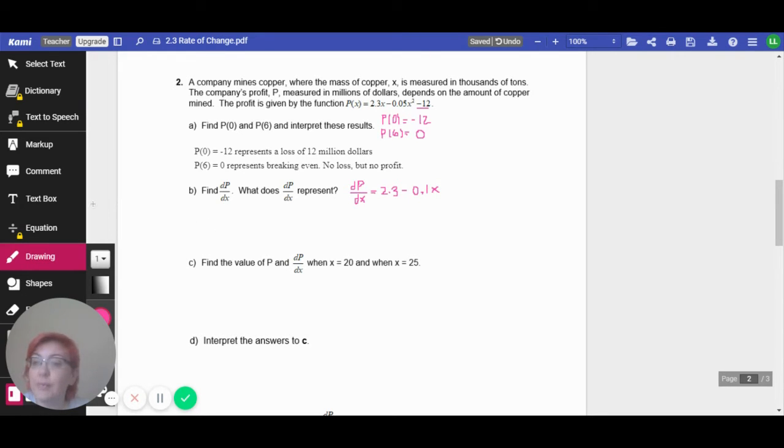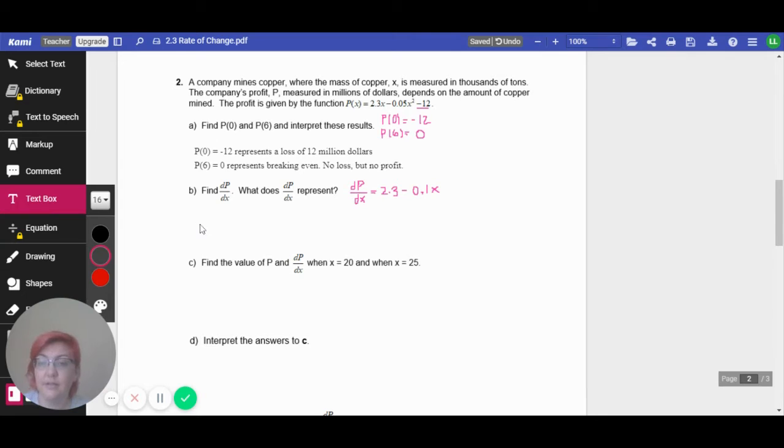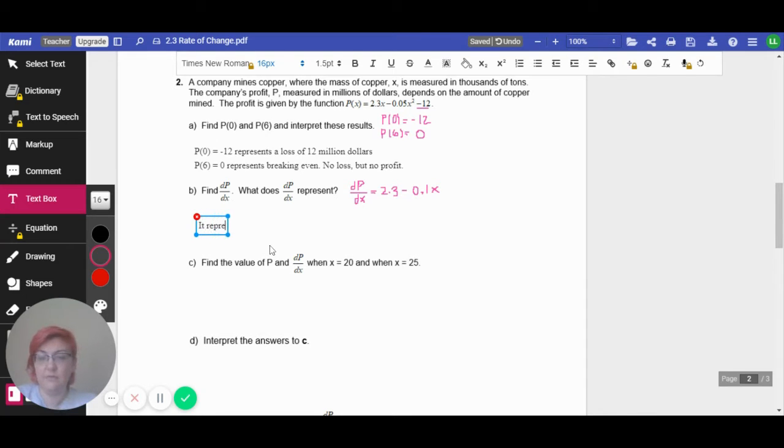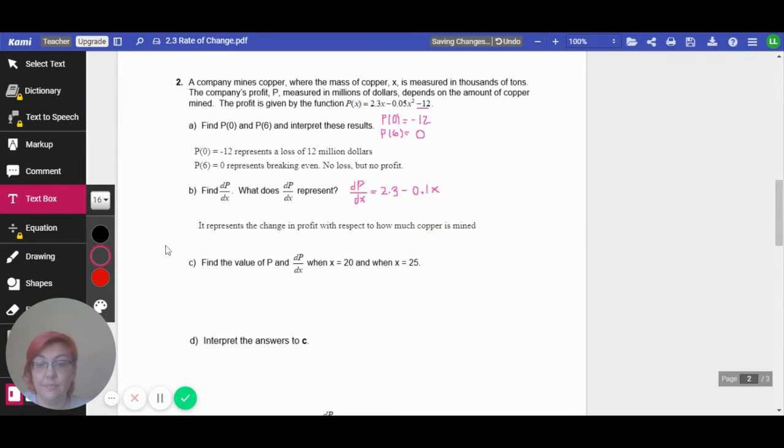And it's going to represent the change in profit with respect to how much copper is mined.